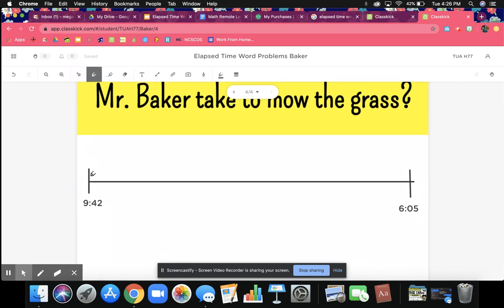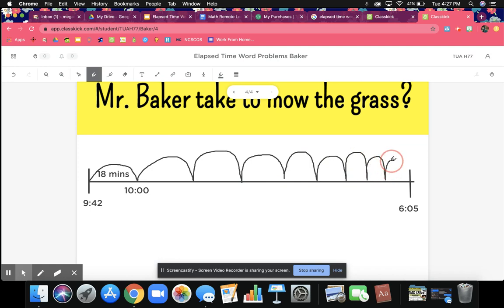So we first want to get to the whole number. So 42 plus, I know, 18 minutes gets me to 10 o'clock. Now, I am just going to keep jumping hours because we have the solid hour. So 1 hour gets me to 11, another hour 12, another hour 1, 2, 3, 4, 5, 6.